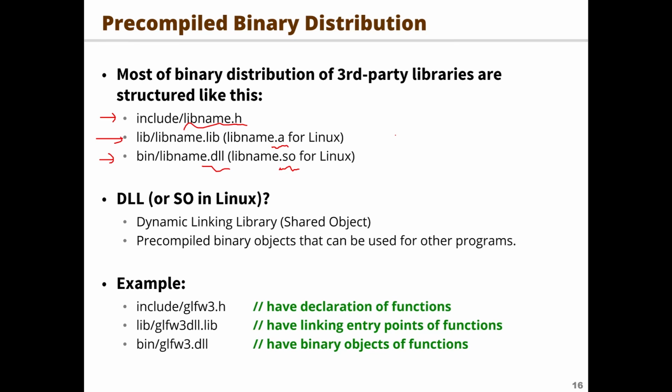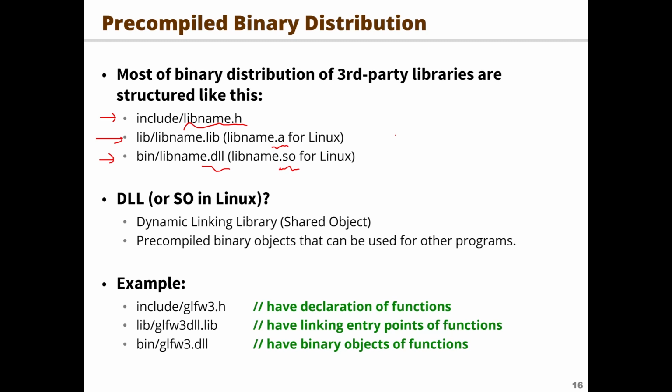And for the library file, there are two types: explicit dynamic linking and implicit dynamic linking, that is, static compile or dynamic compile. In static compile, the binary is included in this lib file, but here we use a dynamic distribution, so the lib is just empty.